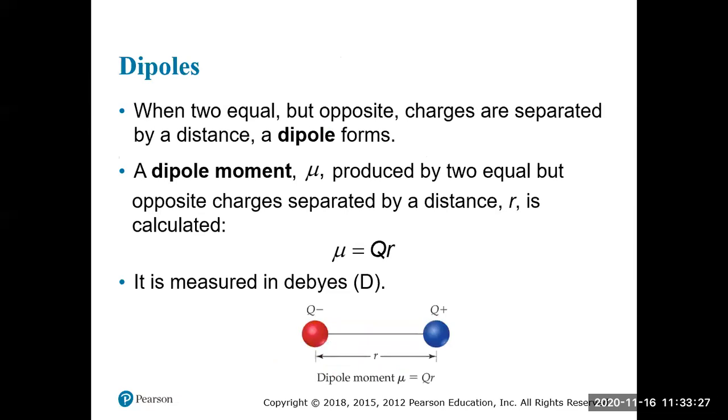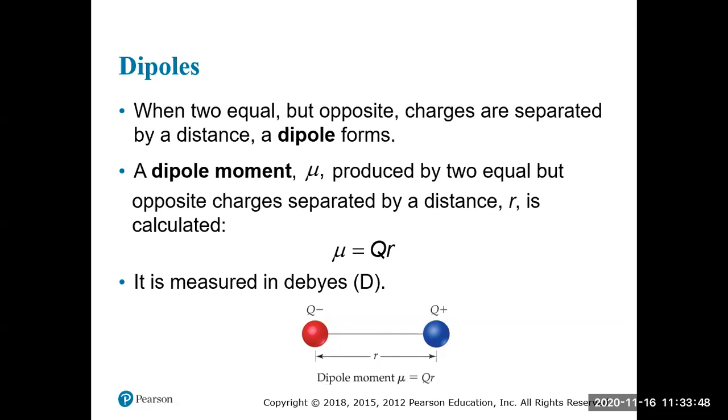So when we have two equal but opposite charges that are separated by a distance, we say something called a dipole forms. And by equal but opposite charges, that simply means that it's a plus and a minus, or a +2 and a -2, or something like that.